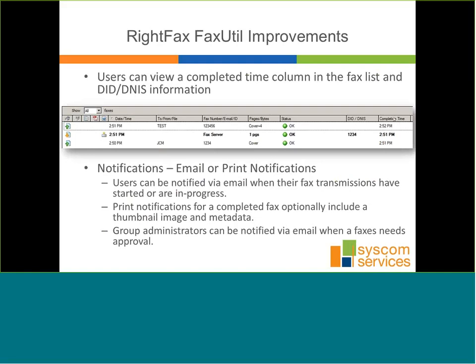So, ever since Fax Util has been built, there's always been a date and time column, but that column shows you the date and time that the fax was submitted to the server. You could easily see what time the fax completed by looking at the history, but now there's a column here that you can add to Fax Util that will show the actual completion time.